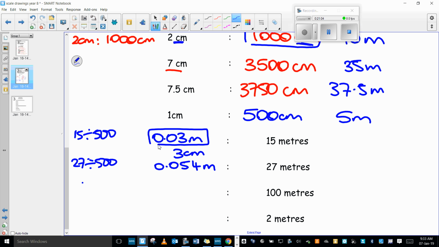Do you think it's the wrong way around? Never mind. Okay, so we've got 0.054, and remember, here I put meters, because my original measurement was a meter. Georgie? 54 centimeters. Oh wait, 0.056.